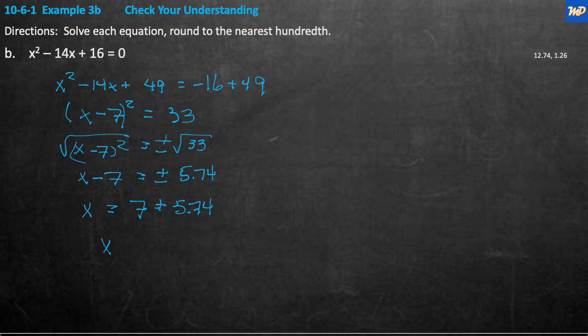And when we solve this out, x can be equal to 7 plus 5.74, which is going to be 12.74, or x is going to be equal to 7 minus 5.74, which is going to be 1.26.